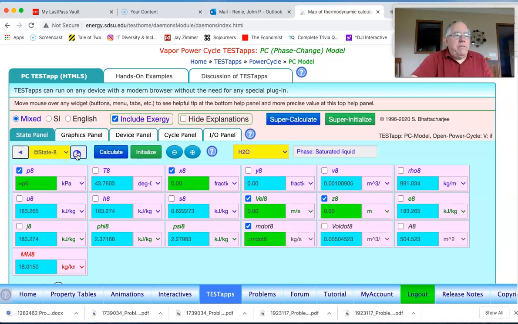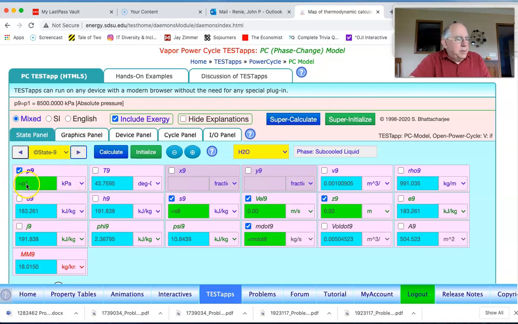And then that goes into the pump, and the pump brings everything up to the high pressure in the system isentropically. And so S8 is equal to S9, and the m dot is m dot 6, which is the 5 kilograms per second. Now state 10 is coming out of the pump from the process heater, and it's also bringing up that 20 kilograms per second of fluid that came together in the process heater, bringing it up to the high pressure of the system.